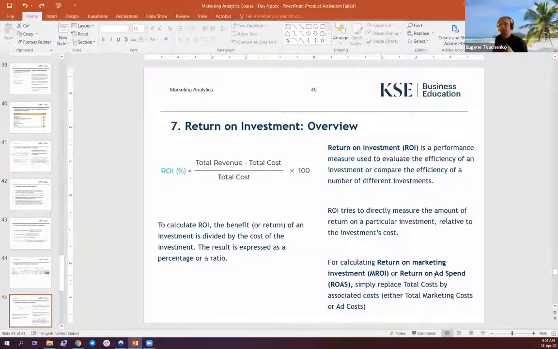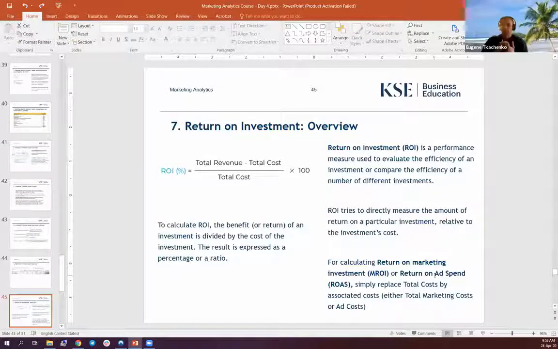And these three metrics will all be different based on the case. But I can tell you right away that for our work moving forward, we will be mostly dealing with return on investment. And return on investment in that case will be somewhat similar to return on marketing investment.